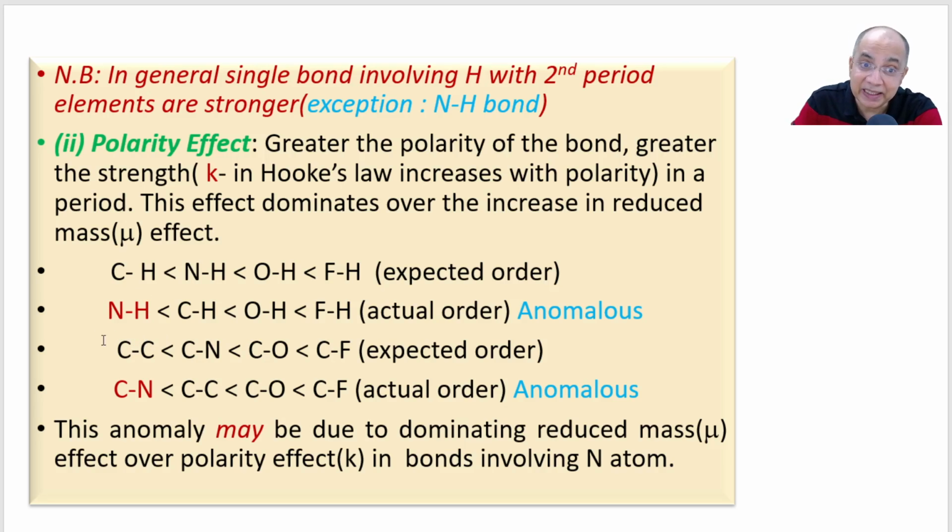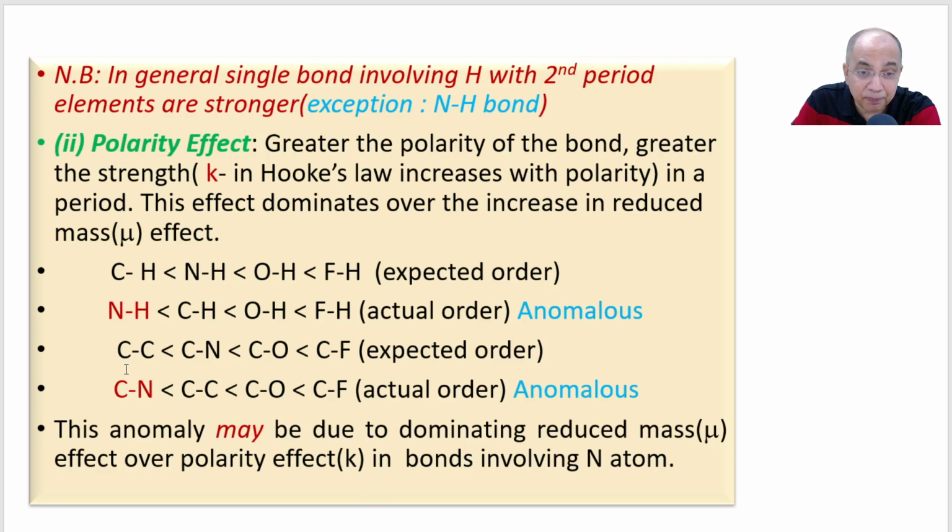Although the polarity is higher than CH, the weakness may be due to the dominating reduced mass, because nitrogen has a greater mass than carbon. Whatever the polarity factor that is responsible to increase its bond energy is negated and dominated by its greater reduced mass in the denominator. That's maybe the reason why the NH bond is weaker.